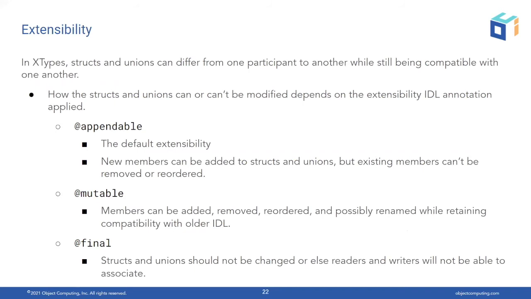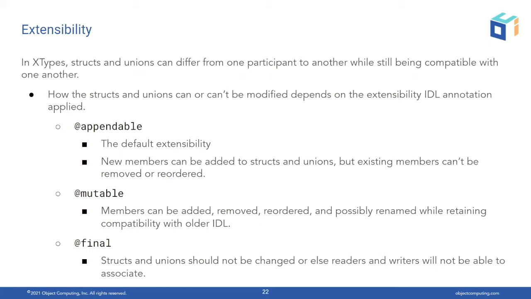So just to go over everything again, in XTypes, structs and unions can differ from one participant to another while still remaining compatible with each other. And how they can differ depends on these extensibility annotations, which are appendable, which is the default, mutable, or final.